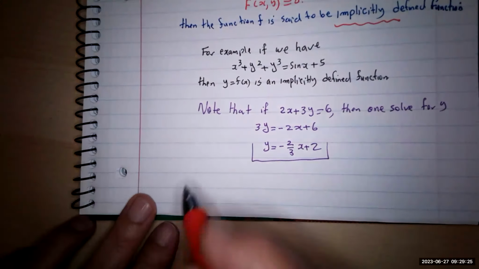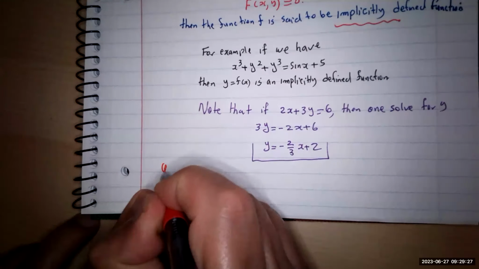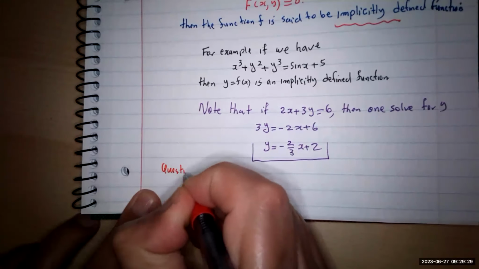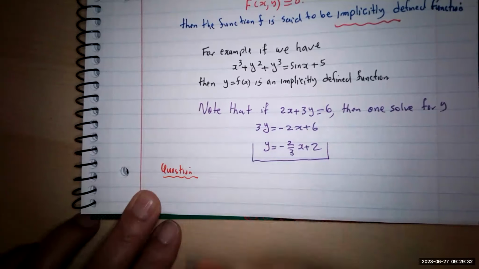How are we going to find the derivative of the function when it's given to you implicitly?